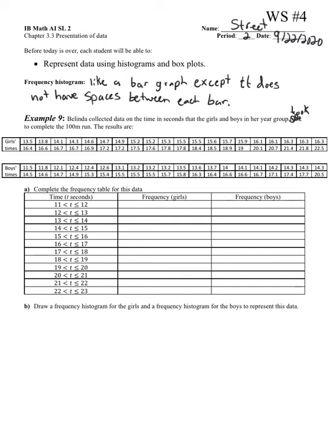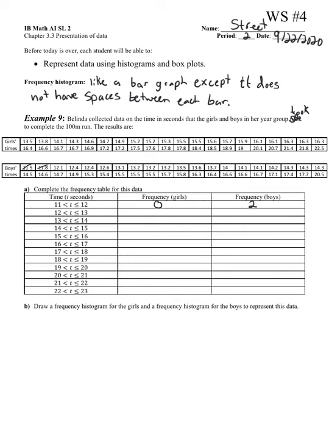What I would recommend when you're doing a data set like this by yourself is to go through and cross them out as you're looking for them. So for example, starting with the girls, looking for 11 to 12 seconds, I scan the data really quickly and I didn't see any, so we're going to say 0. For the boys, I see an 11.8, 11.8.